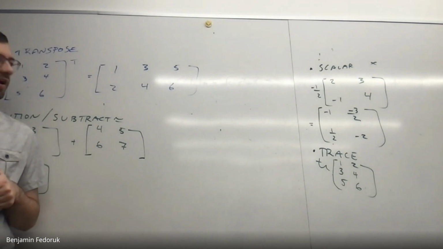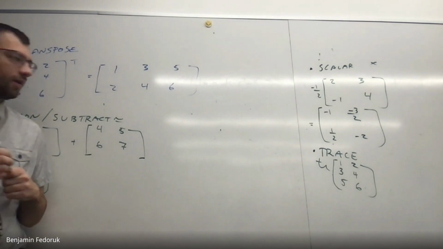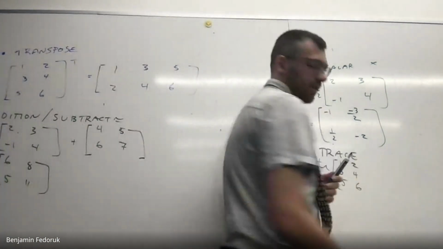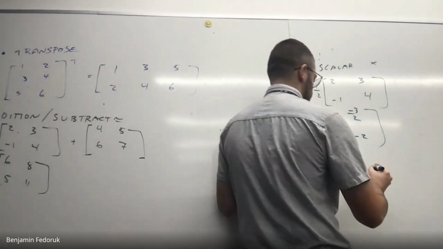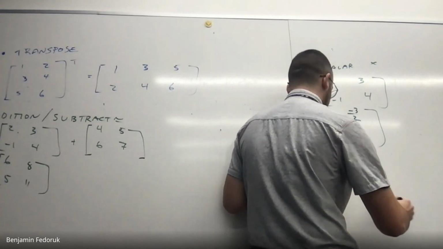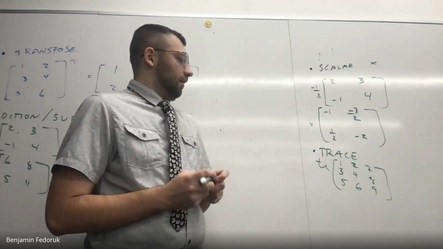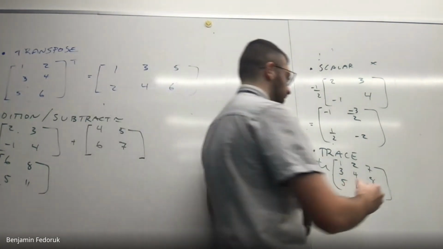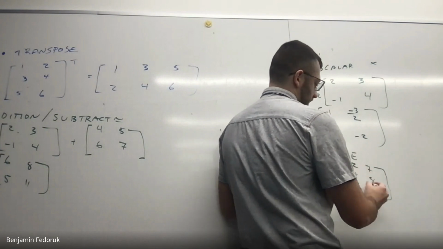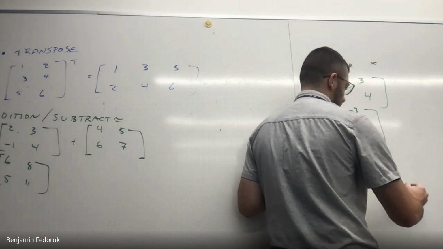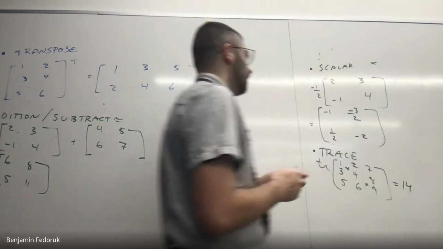You can't, why? It has to be square, yep. Maybe I'll add an extra column here, 7, 8, 9. Let's say this matrix here. What's the trace of that matrix? Yep, 14, right? You're basically adding up along the main diagonal, so it's 1 plus 4 plus 9, which is 14.